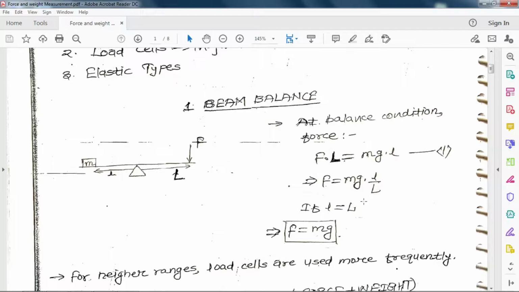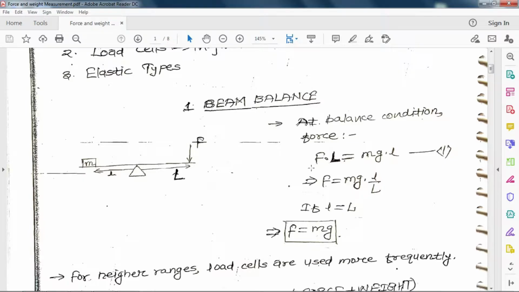In the beam balance method we have a mass over a rod which is balanced by this pointer, and we apply force over here. At balance condition, this length capital L is from this point to the point where we apply the force, and small l is the length from this point to the point where we put our mass.